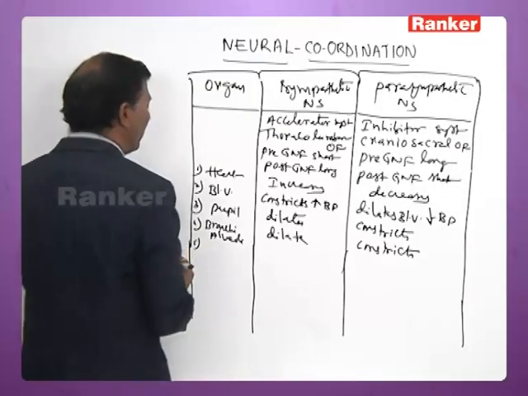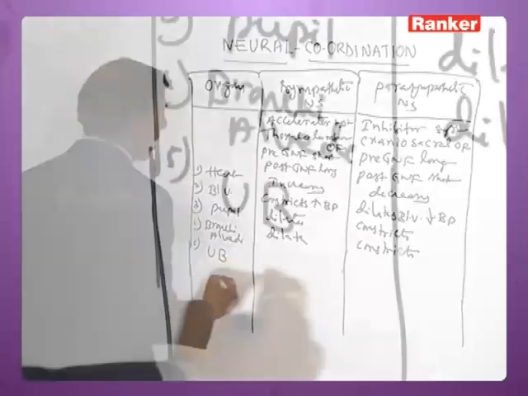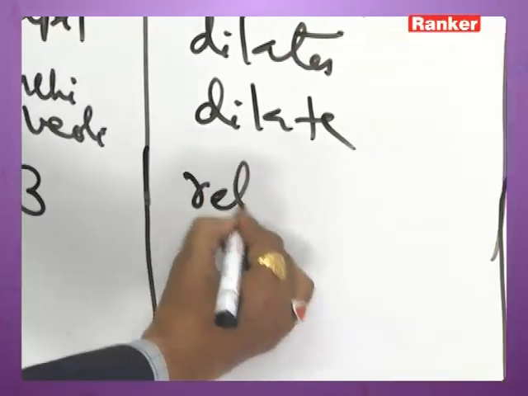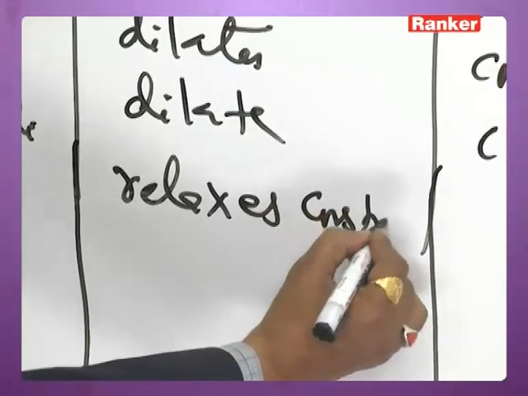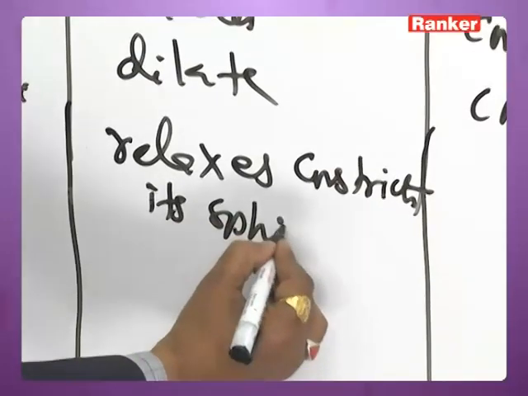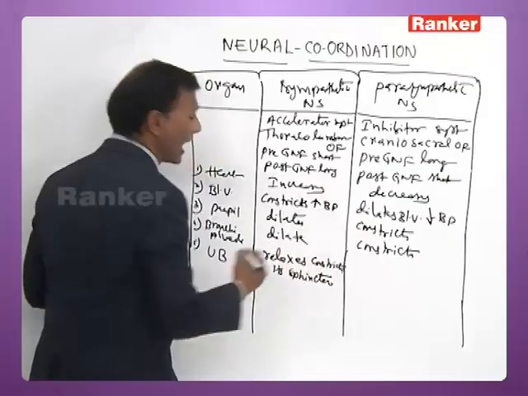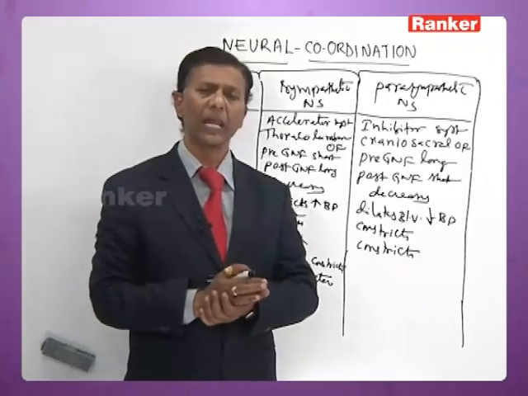Next you have the urinary bladder. The sympathetic system relaxes the muscles of the urinary bladder and constricts its sphincter, ensuring collection of urine.